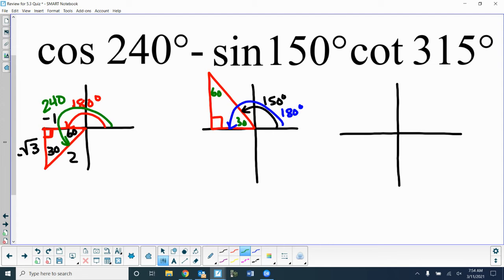There's your 60. Again, opposite the 30 is always the 1. The hypotenuse is always the 2. And opposite the 60 is the radical 3. This time the radical 3 is negative because my x value is on that negative x-axis, right? Questions on the two pictures so far?